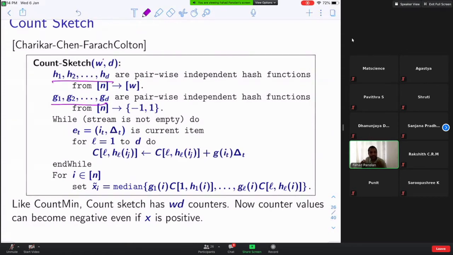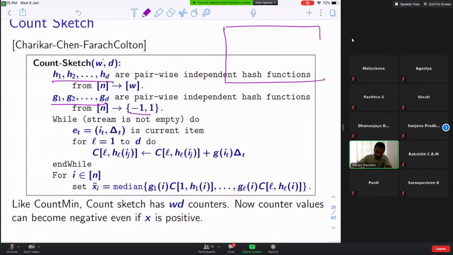Like in the case of count min sketch, we took the summation of the items which are mapped to the same bucket. Here we are in some sense going to do a signed summation. So it's not always that we add things. Sometimes we just subtract. That's what this -1 does.